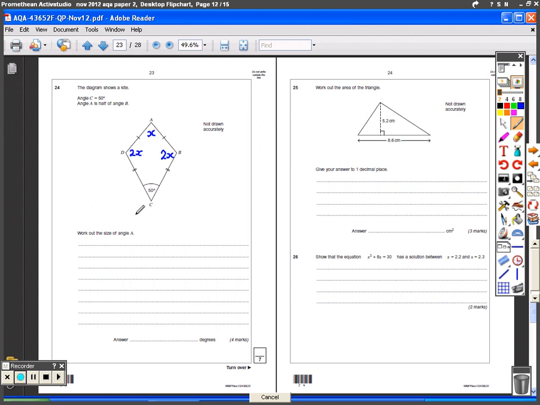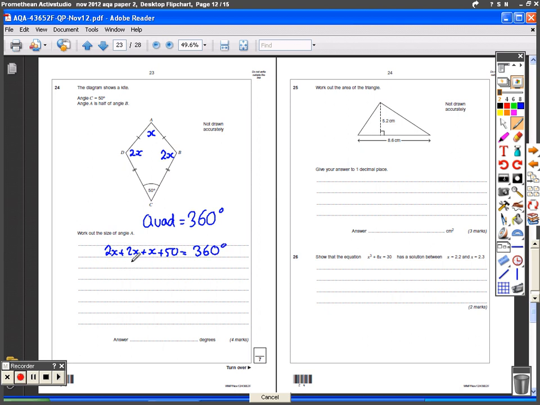Now I need to set up an equation to help me find out the value of X. So it's a quadrilateral. So in a quadrilateral, there is a grand total of 360 degrees. So add up what we've got. We've got 2x plus 2x plus an x plus a 50 has to give me a total of 360 degrees.